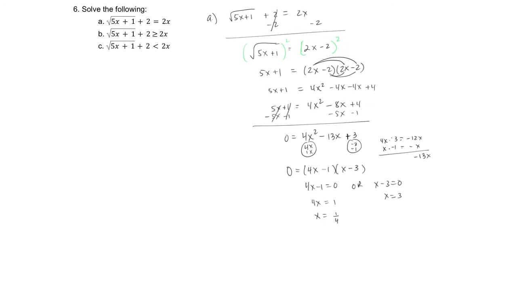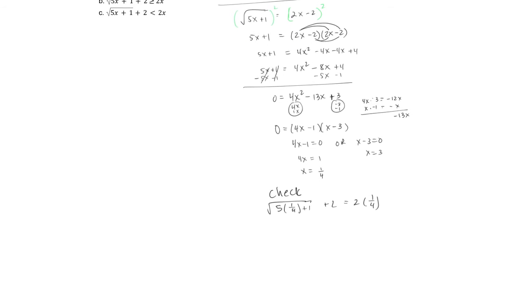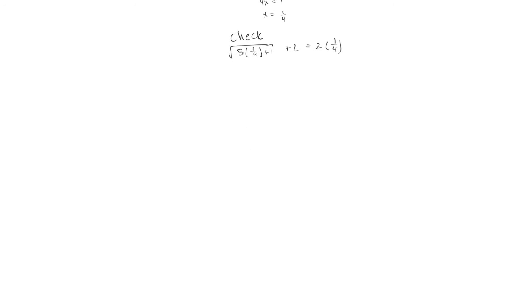And we want to make sure that we check. So we go back into the original equation and we'll check 1/4. That would give us the square root of 5/4 plus 1, but I'm going to rewrite that as 4/4.